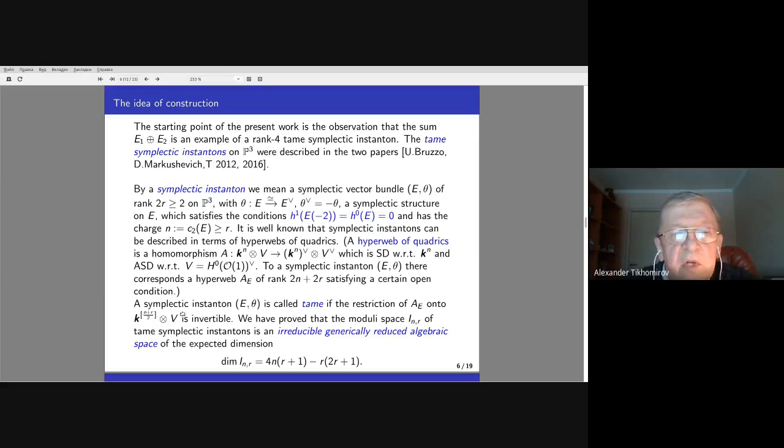So this is, as you see, an open, Zariski open condition.